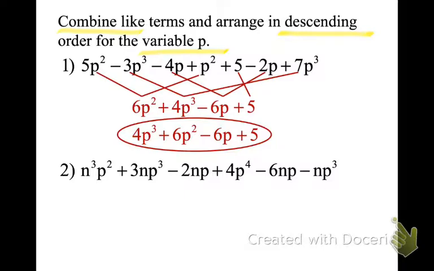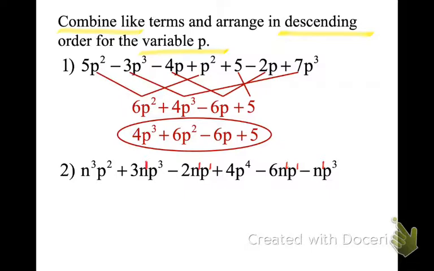Notice in this second term, n is really to the first power. Everything's been labeled. In the third term, n is to what power? 1, and p is to the first. In the fifth term, n is to the first and the p is to the first. In the sixth term, n is to the first, p is to the third.